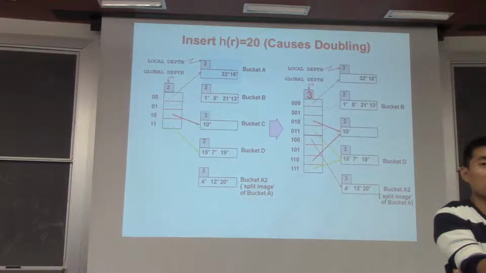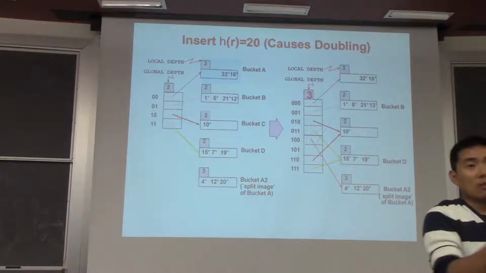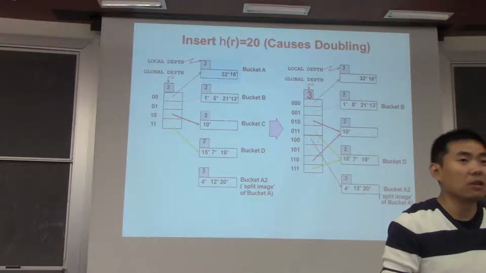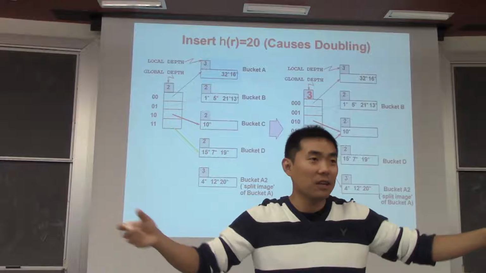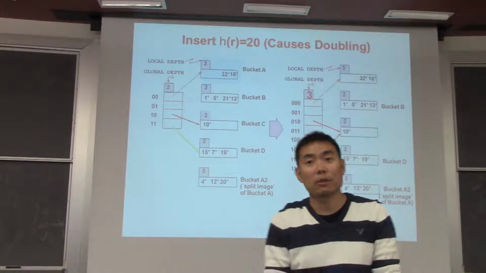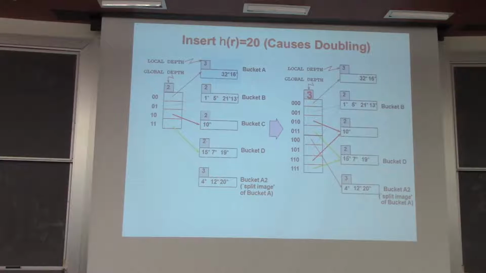Initially you have numbers of only 2 bits, and eventually you have numbers of 64 bits. If you represent 10 numbers of 64 bits each and 10 numbers of 2 bits each, yes, you have 10 numbers in each case, but the cost is dramatically different, right? That's my point. All right, so that's the problem with extendable hashing.